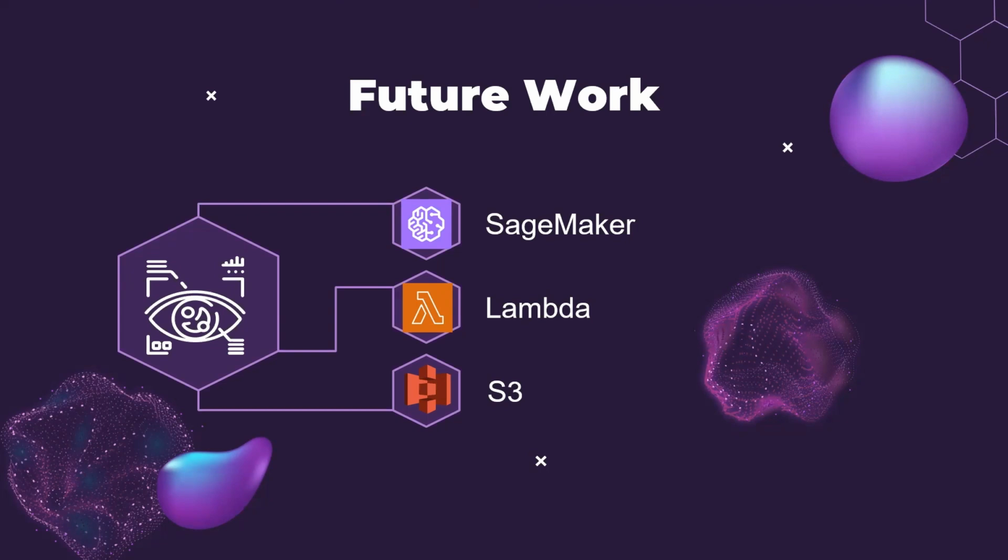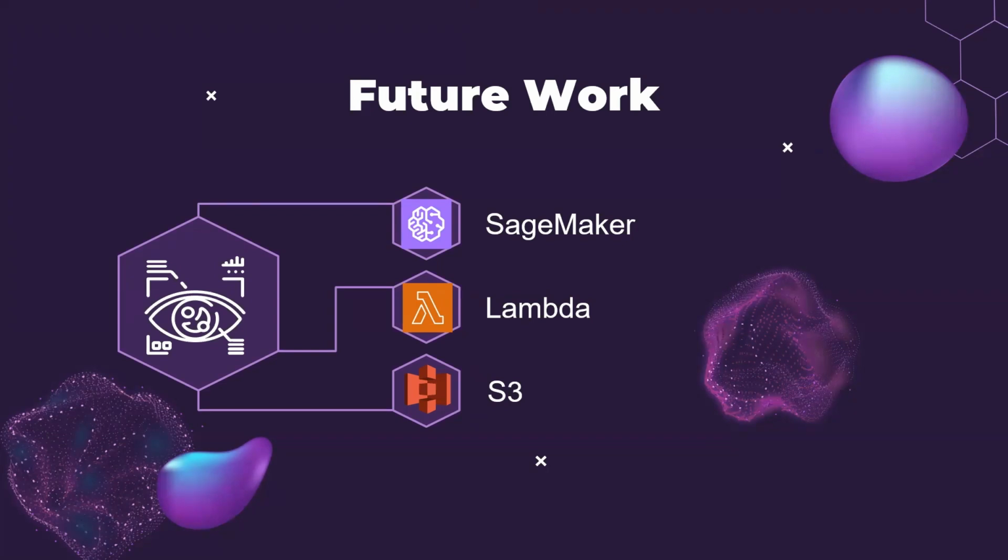The last one, S3, is a storage service that provides data availability, scalability, security, and performance, and also protects any size of data for specific cases, such as backup, archive, and machine learning. And these are the services that we aim to use in our future work.